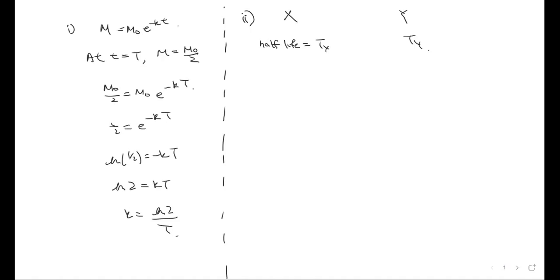Initially, so at T equals 0, the mass equals some mass of X, which we don't know. But what we do know is that the mass of isotope Y is 4 times the mass of isotope X. So we're saying at T equals 0, those are the masses.